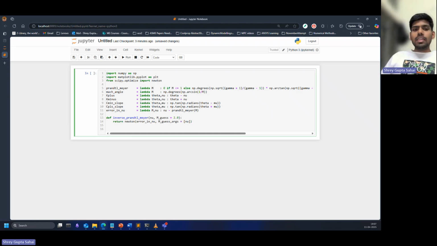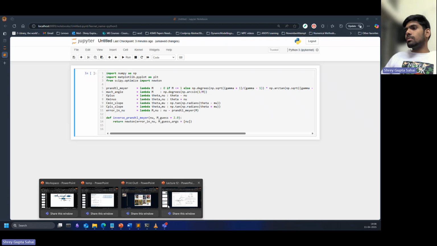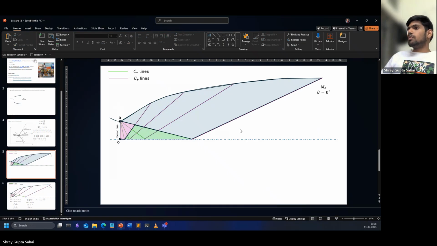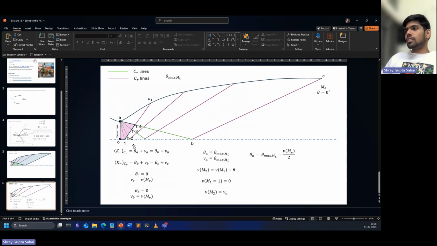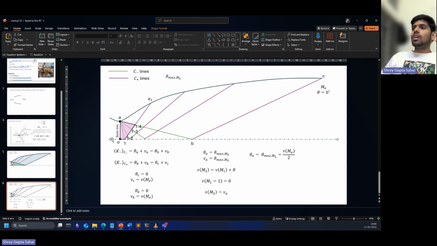Now, another thing is that we have to actually simulate this also. If you think about it, we have to start finding these points, right? As I mentioned, these points 1,1, 1,2, 1,3, 1,4. There will be other points also, 2, which is the second intersection of the center line with the second characteristic, the third line, the fourth line.